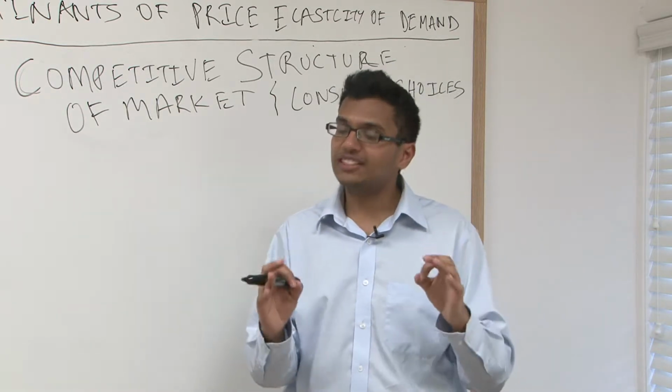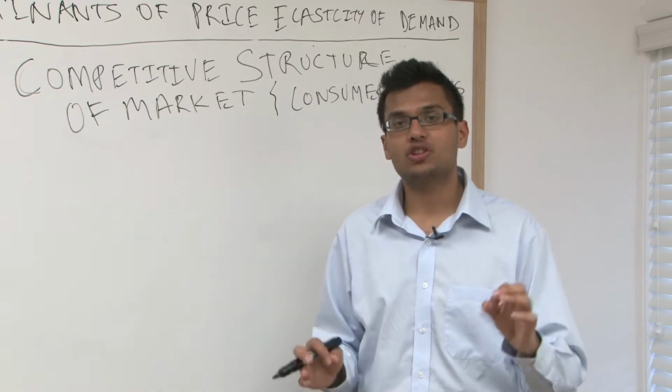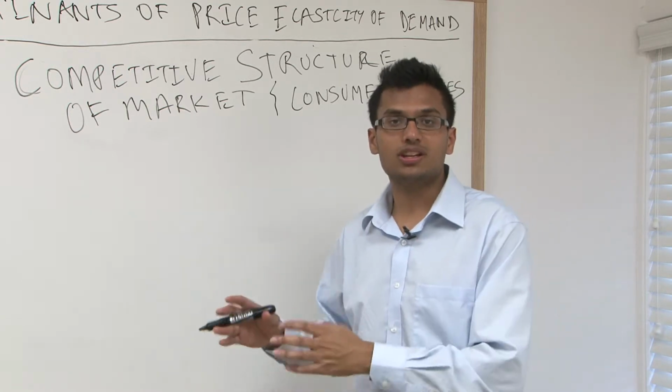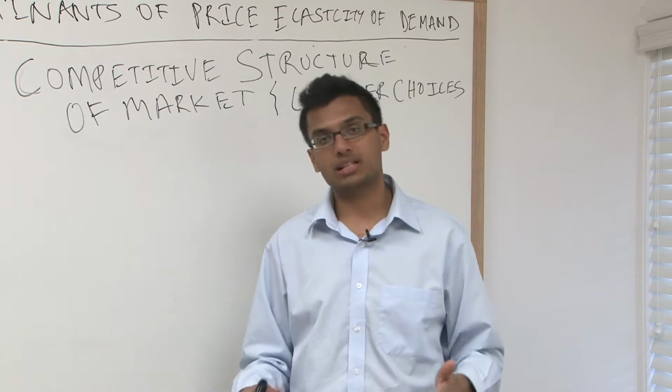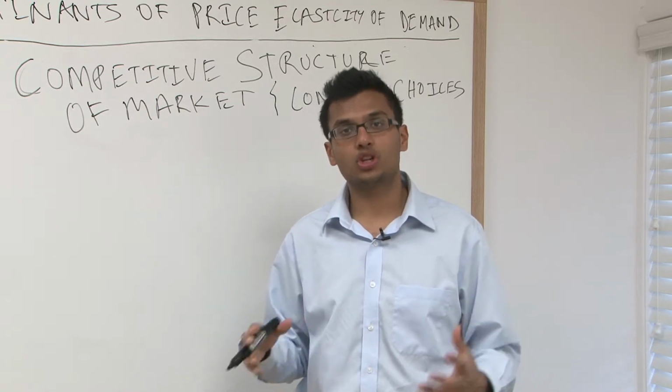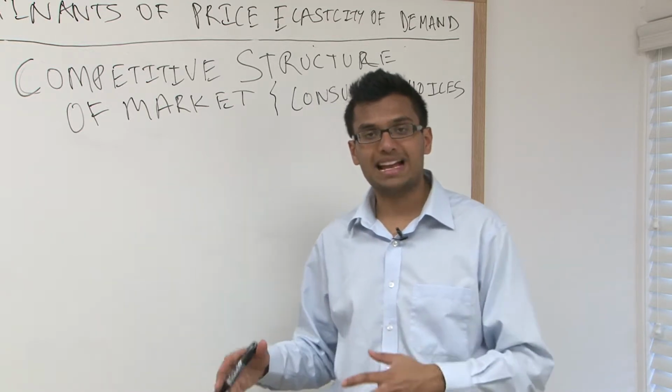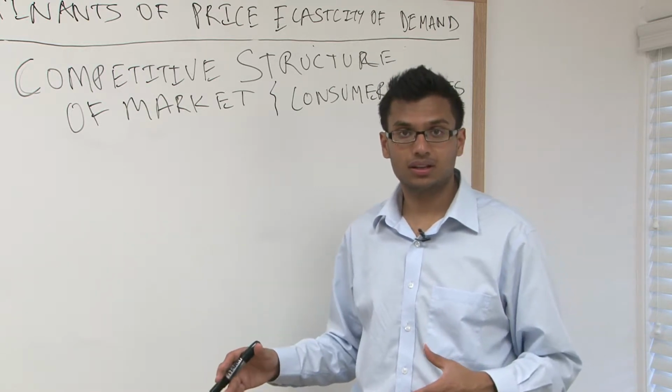But really, at the heart of elasticity of demand, you have to understand that the more substitute goods there are, the more elastic that demand is. I'm going to say that one more time because it's really important. The more substitute goods there are, the more elastic a demand is, okay?